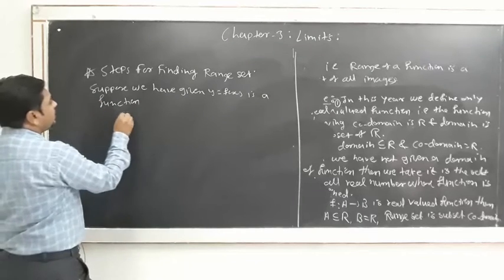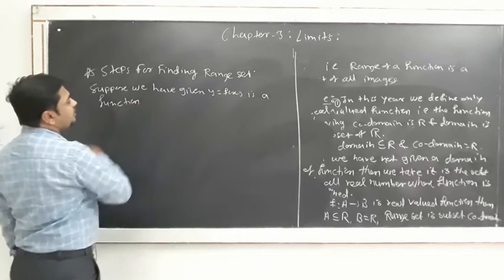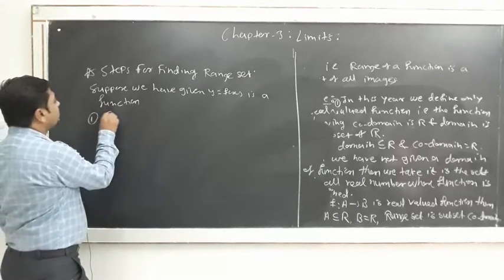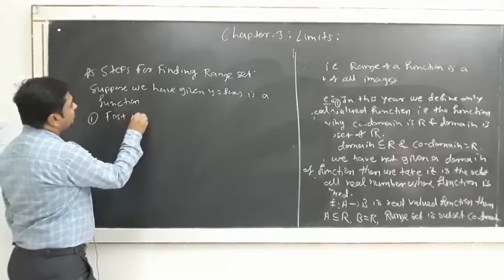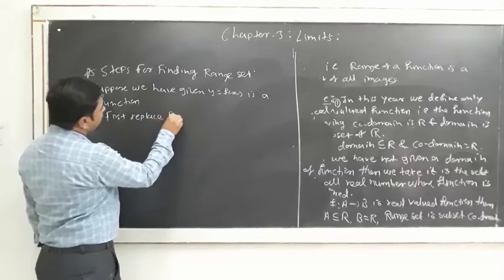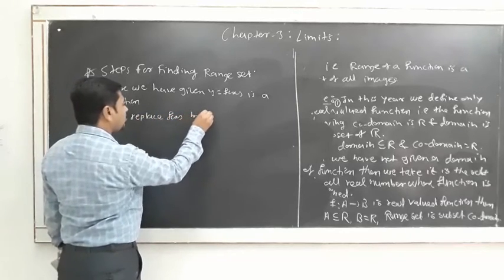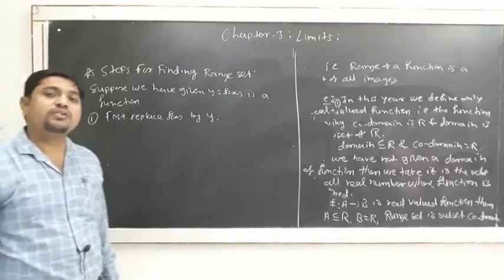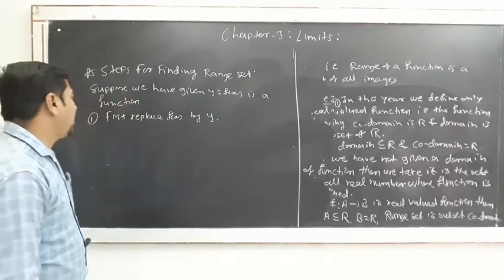This function is a real valued function. So what we do first is replace f of x by y. You have the given equation f of x, then you have to replace this f of x by y.